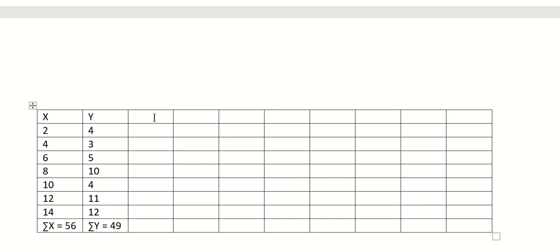Why we need to calculate x square and y square? Because we have to calculate YC. So first we need to calculate line of regression. To calculate line of regression, we need x square also, right? So we'll calculate both x square and y square because that would be needed.